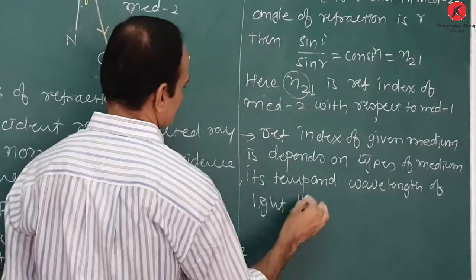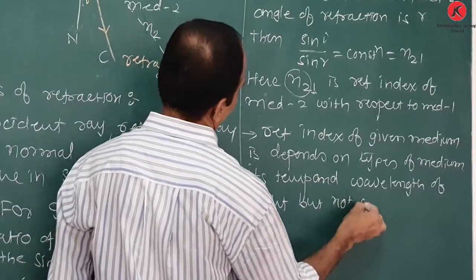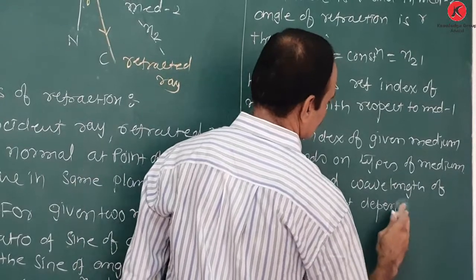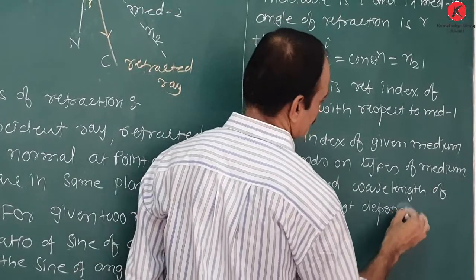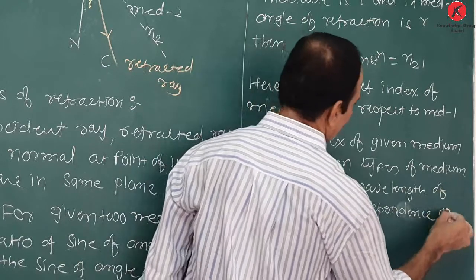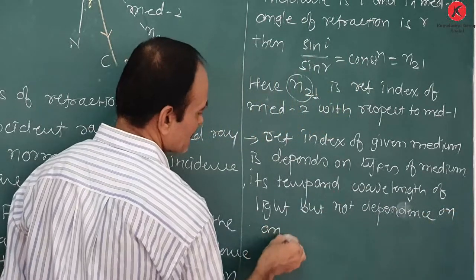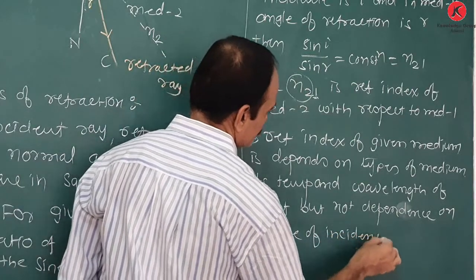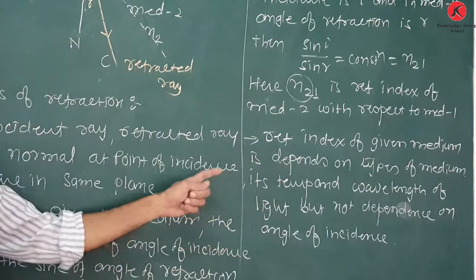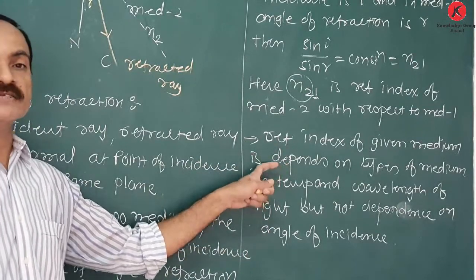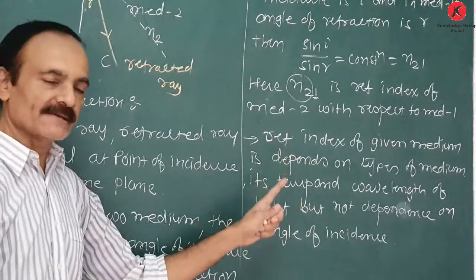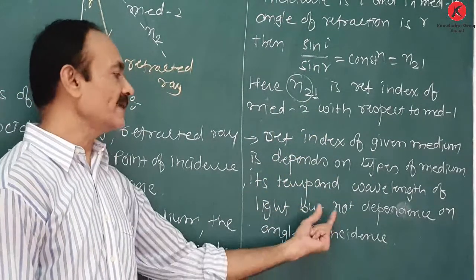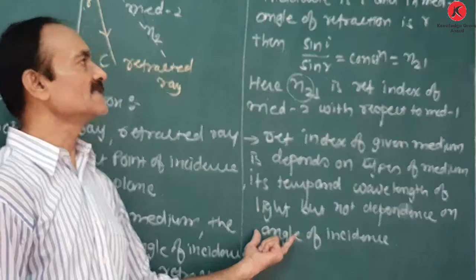But it does not depend on the angle of incidence. That means the refractive index of a given medium depends on the type of medium, its temperature, and the wavelength of incident light, not on the angle of incidence.